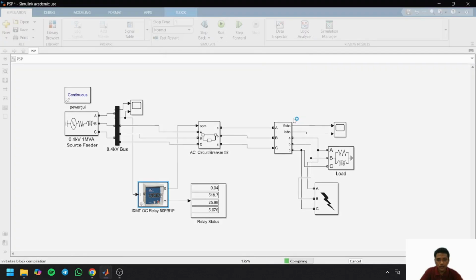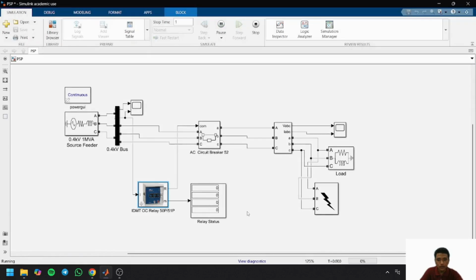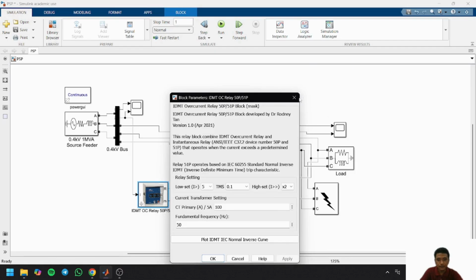If we run the simulation, we can see here the OC relay trips in 0.04 second, and the OC relay detected 519.7 A current that is converted from the 25.98 A detected by the CT.